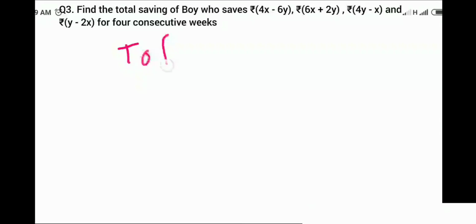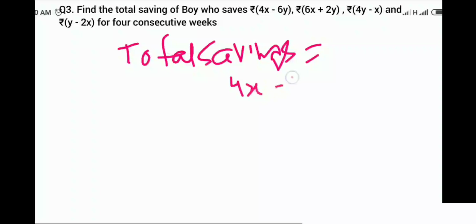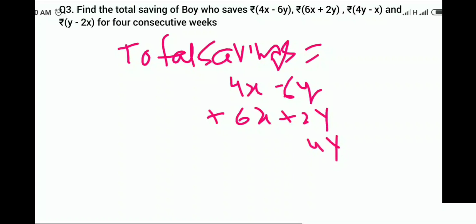Total savings is equal to 4x minus 6y plus 6x plus 2y, 4y minus x.